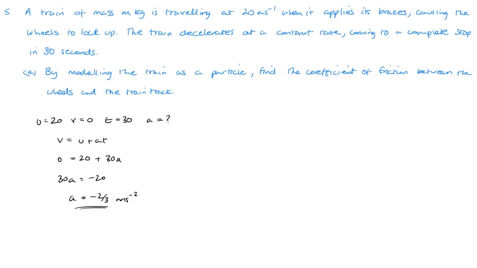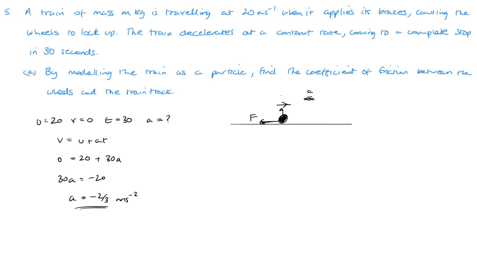Now next we have to work out the coefficient of friction. So if you think about what's happening, we're modelling the train as a particle. It's moving in this direction. Its acceleration will be in the opposite direction, but friction is going to be moving in the opposite direction of the movement.